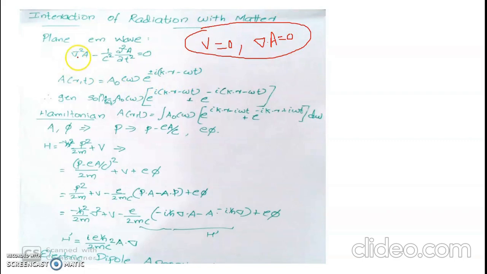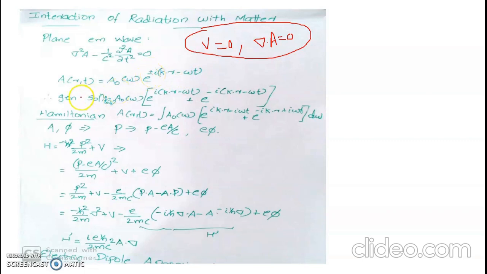The solution of this wave equation is A of r comma t equal to A0 of omega, the amplitude of the vector potential, e raised to plus or minus i into k dot r minus omega t. So of course there are two different solutions corresponding to the plus sign and the minus sign.